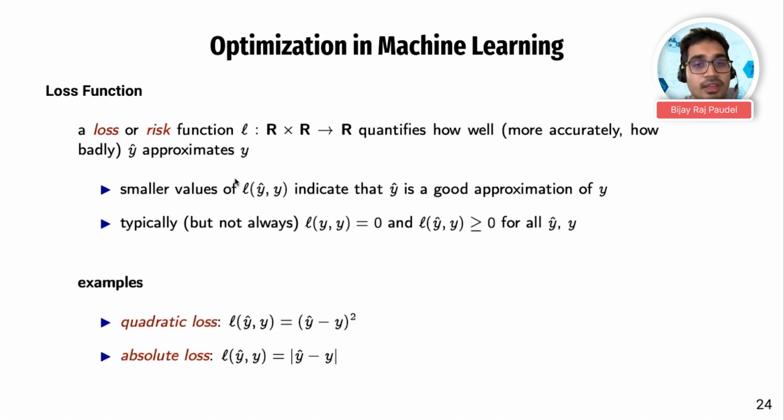If you compare those and formulate some algebraic equation, you formulate this loss, and that loss is used as the objective that you optimize in machine learning.